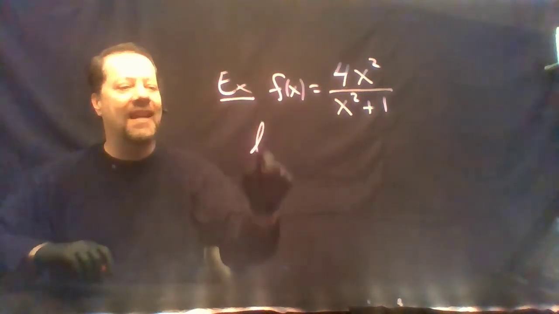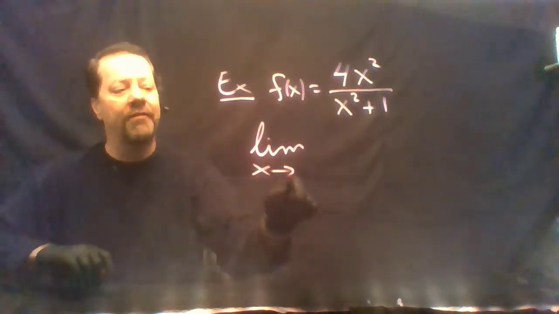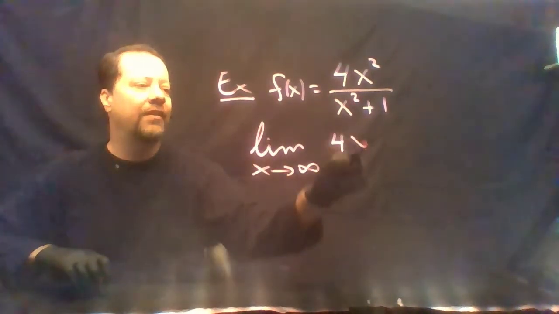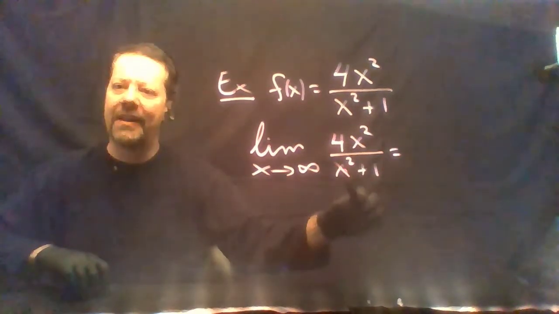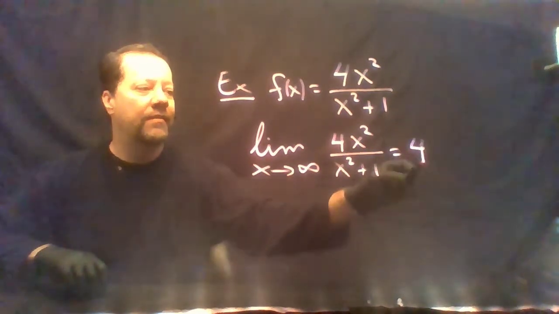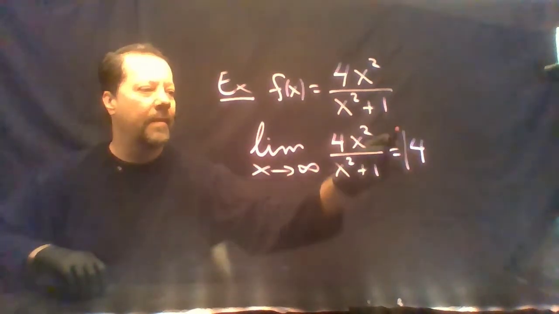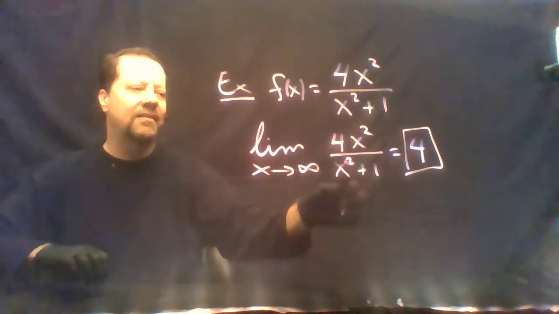So you can see that as x goes to infinity for the function 4x squared over x squared plus 1, the function values tend towards 4.